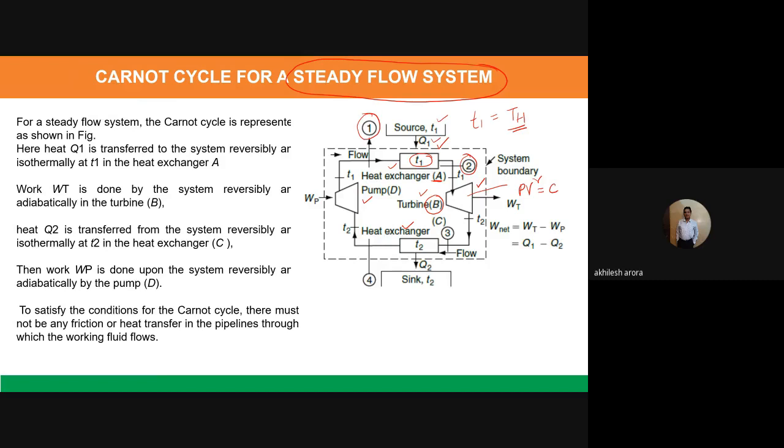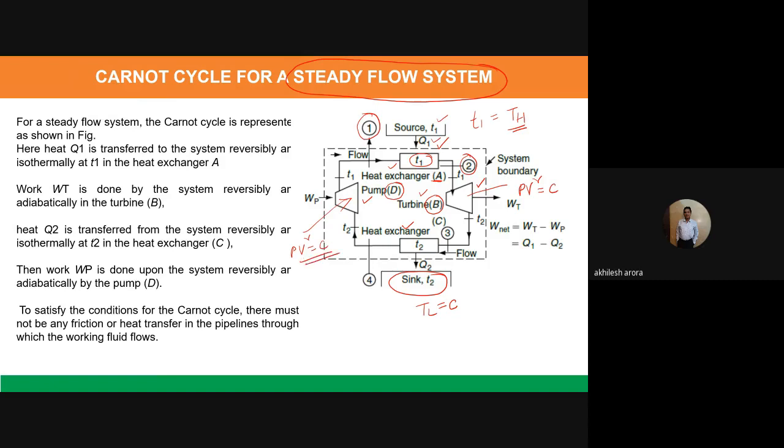After that, we are ejecting heat in the heat exchanger to the surroundings, or to the sink, which is at a temperature TL. Once again this process is taking place at constant temperature, and after that we carry out the pumping process in the pump, denoted here as D, and this pumping takes place as PV raised to power gamma is equal to constant.